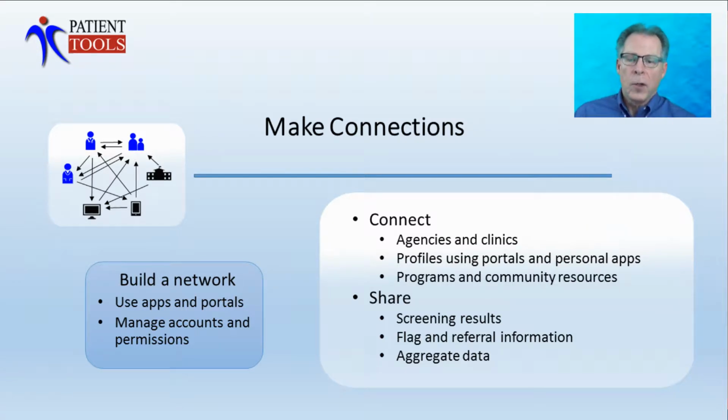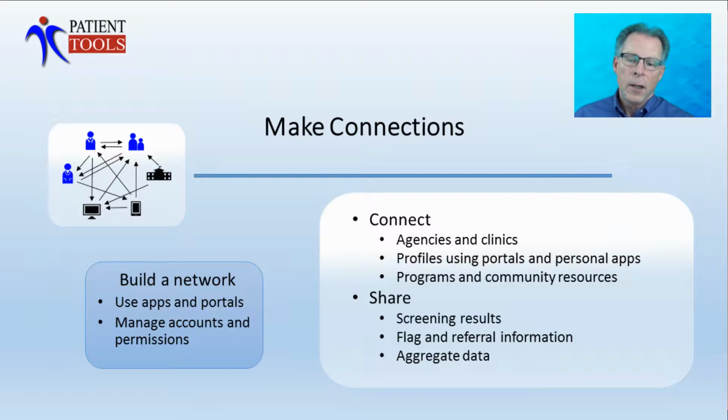Ultimately, when you make all these connections, there are many advantages. One is that you distribute your workload, which we'll get into more, but you're also able to share your screening results. You can manage flags and referrals in a shared manner. You can notify other groups about a flag, get them to handle things on their side, and then close out the flag or the referral.